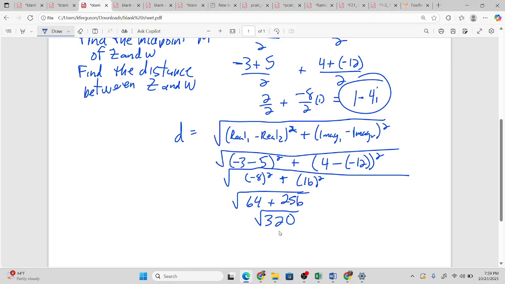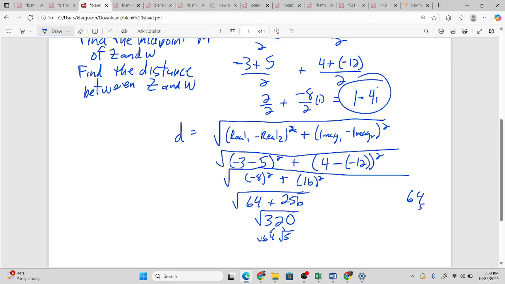But let's see, 320, what perfect squares go in there? 4 goes in there, what, 80? 16, I think, goes in there. Let's see, what else? Does 64 go in there? 64 times 5? Yeah, 64 times 5. So I'm going to say that's 64 and 5.